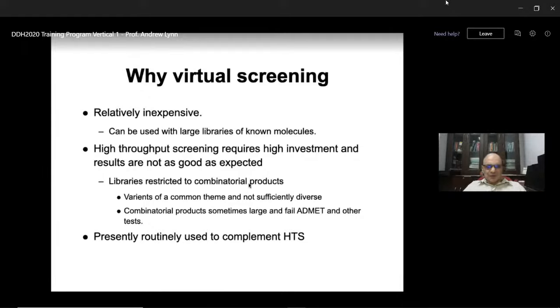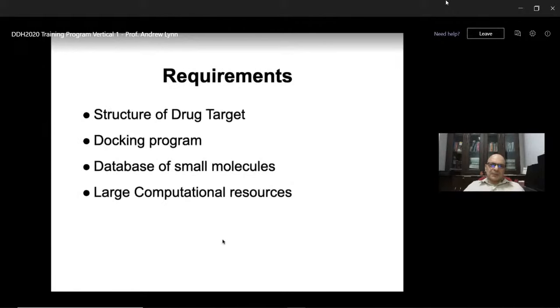We have small molecules, we have specific libraries that are specific to a particular class of proteins. So this is improving a lot. And combinatorial products are now on their way out, but they're still useful to be able to improve the lead optimization phase. So it's routinely used to complement HTS, but now it's becoming a class of its own.